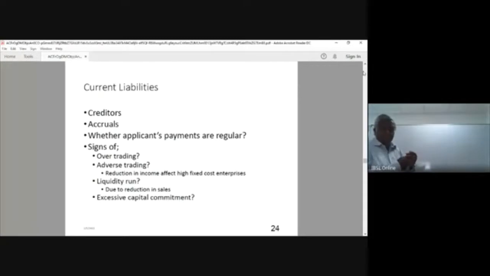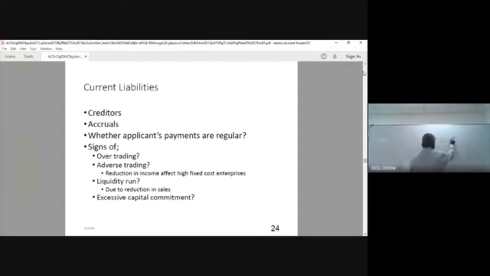I think I would have mentioned this one to you all. This investment, capital investment on assets.